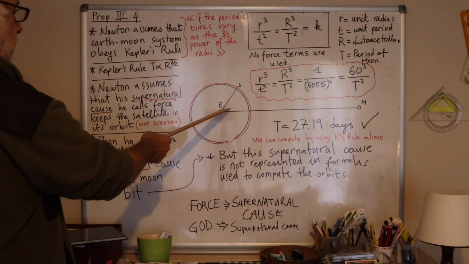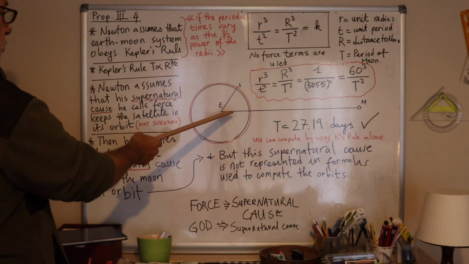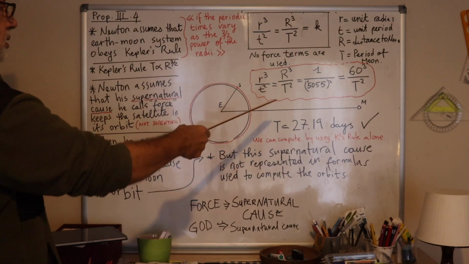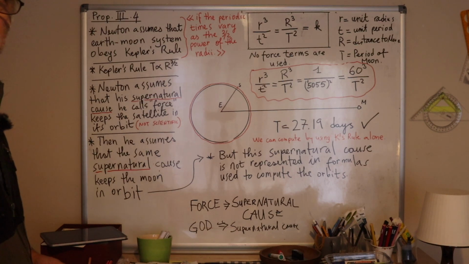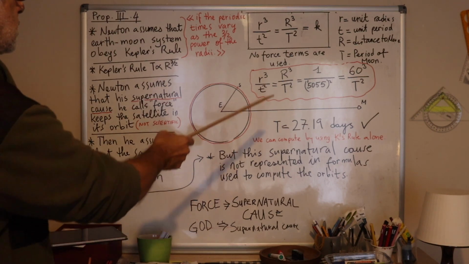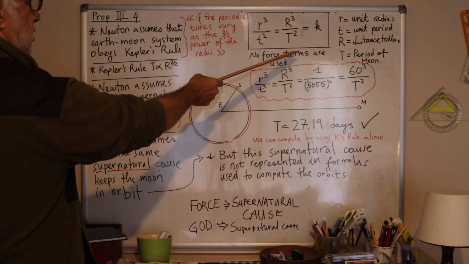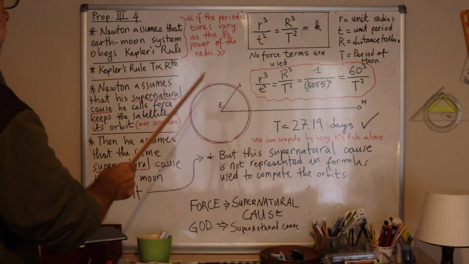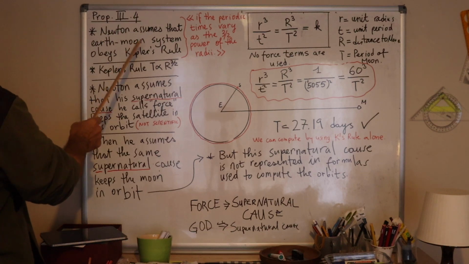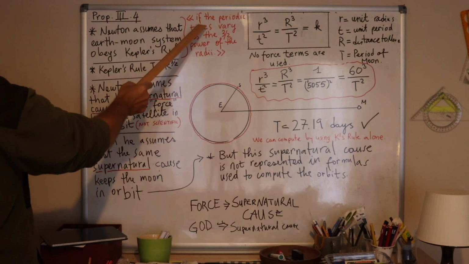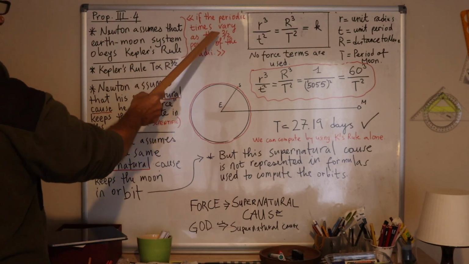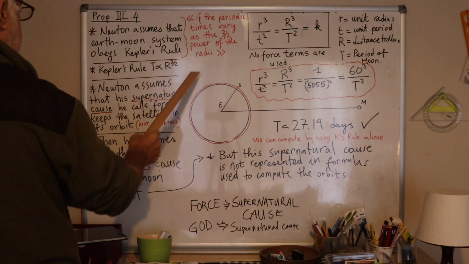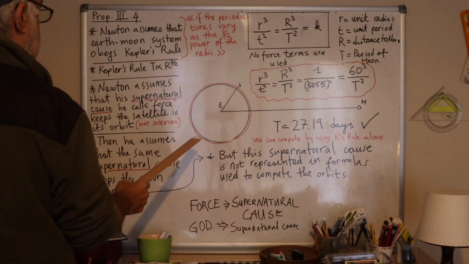and supernatural forces pulling the satellites and the Moon. This is all the fictional fairy tale Newton writes about Kepler's rule. That is only R and T. We know Newton assumes that the Earth-Moon system obeys Kepler's rule because he says the periodic times vary as the 3/2 power of the radii, right?